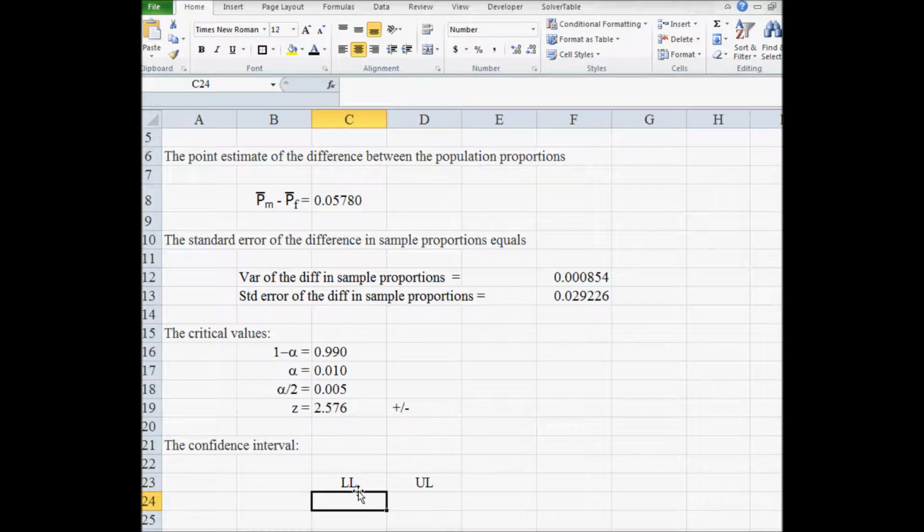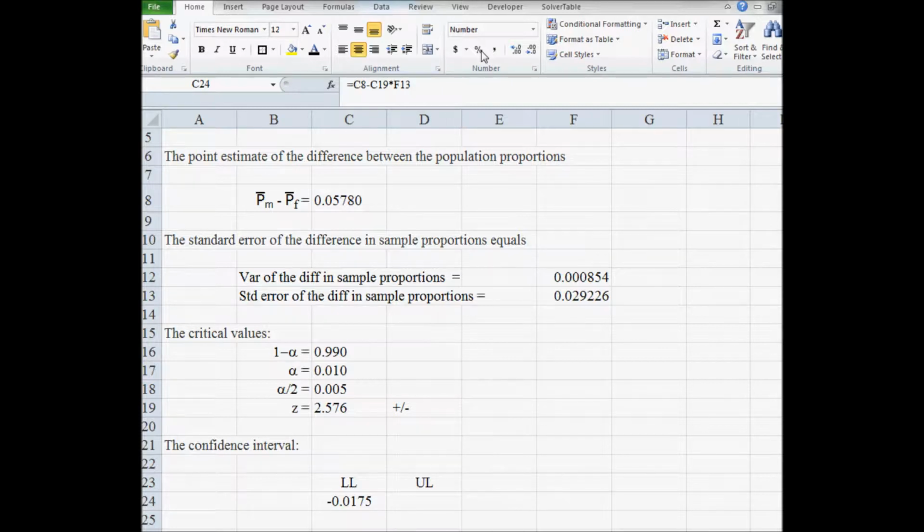The lower limit of the confidence interval is equal to the point estimate of the difference minus the margin of error. The margin of error is equal to the z-value times the standard error. The problem in Cengage Now is asking for confidence intervals to 1 decimal in percentages.